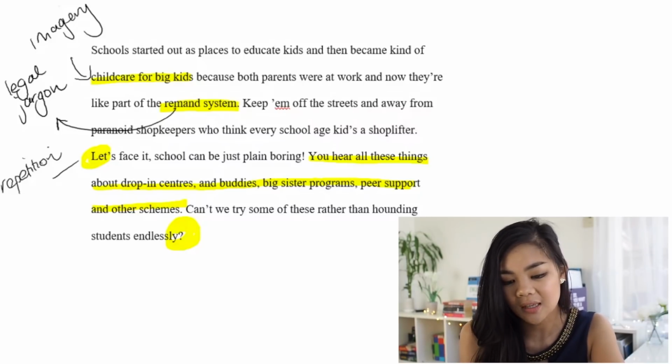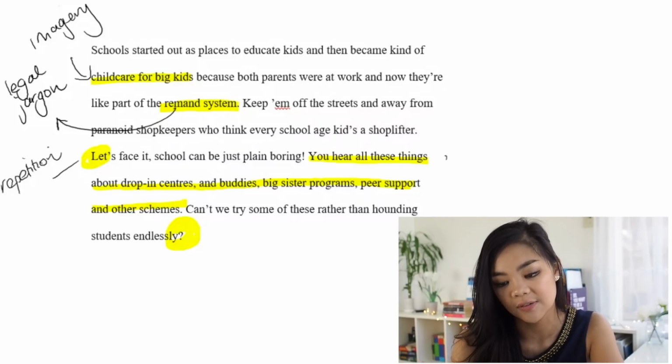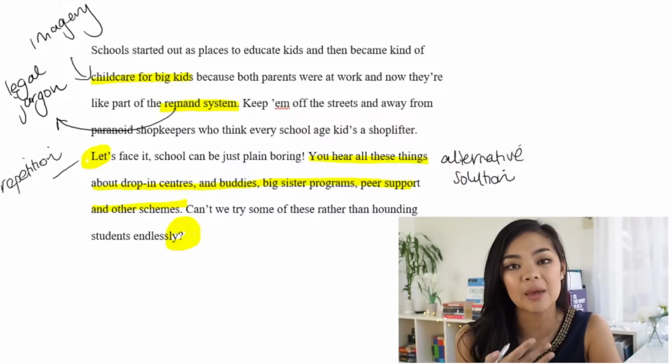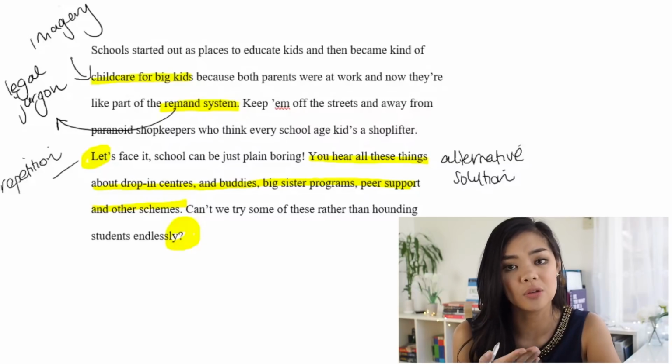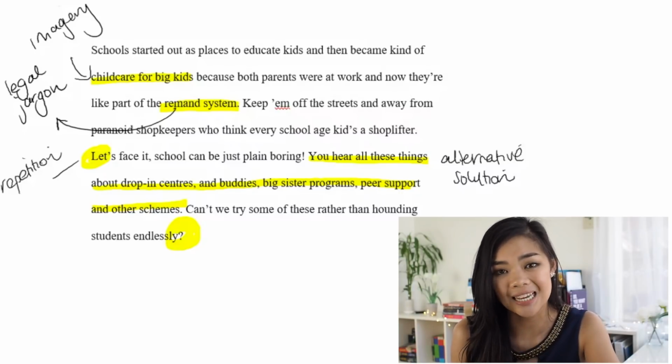So it's interesting that he has now offered alternative solutions. So this is something that may encourage other people to agree with him, because he's not just slamming down the principal's suggestion, but he's offering his own solution to the problem, which implies that he has carefully thought this through and he has thought about other ways they can improve on absenteeism.